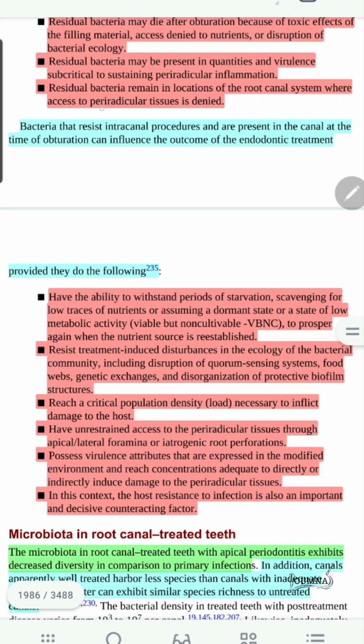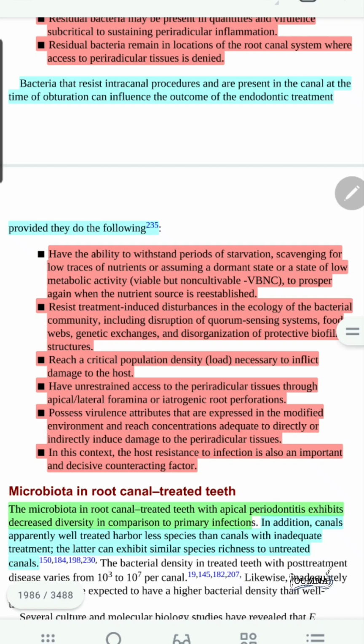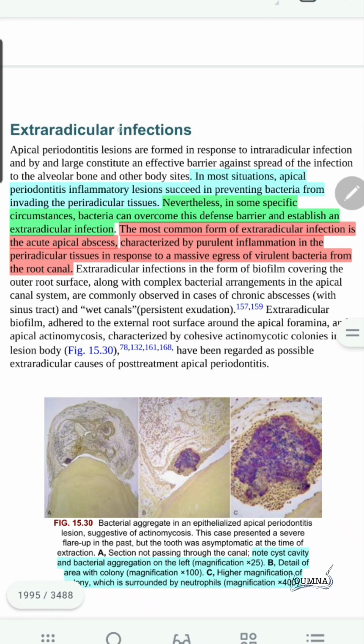Also, when we get the apical seal, we stop the bacteria from reaching the periradicular tissue, which means that the apical seal is important in doing the root canal treatment. What about the extraradicular infections?